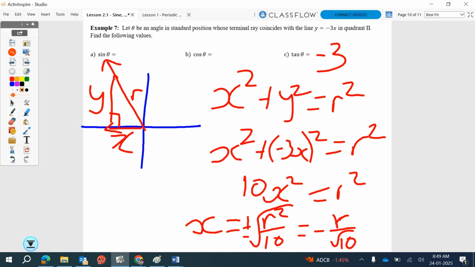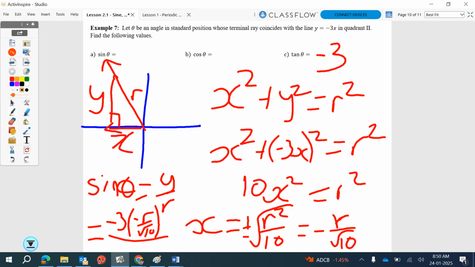That means that the sine of theta is equal to y over r, which will be equal to our y value, which will be equal to minus 3 bracket minus r over root 10 all over r.